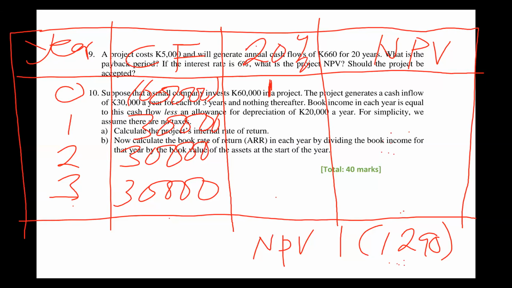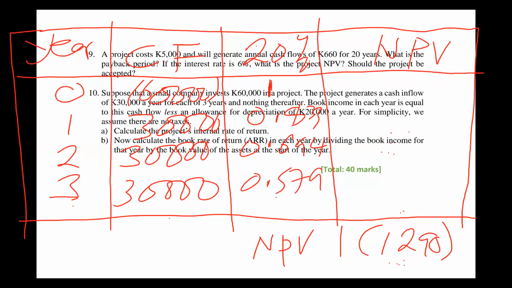First year it gives us 0.833. The second year, 0.694. The other year, 0.579.